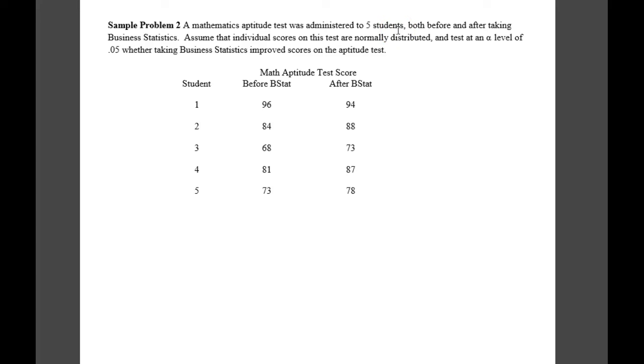A mathematics aptitude test was administered to 5 students, both before and after taking business statistics. Assume that individual scores on this test are normally distributed, and test at an alpha level of 0.05 whether taking business statistics improves scores on the aptitude test.